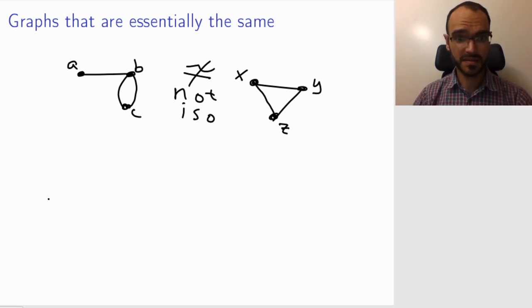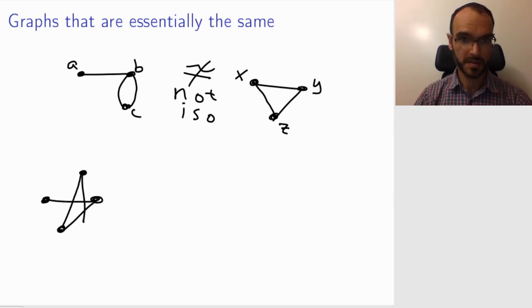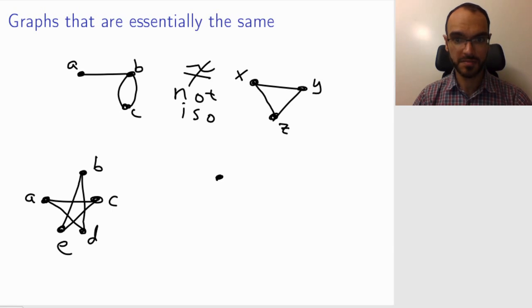Let's look at another example. You have the pentagram, this star that you always see kids drawing at school. Let's call the vertices A, B, C, D, E. And then you have the usual pentagon.